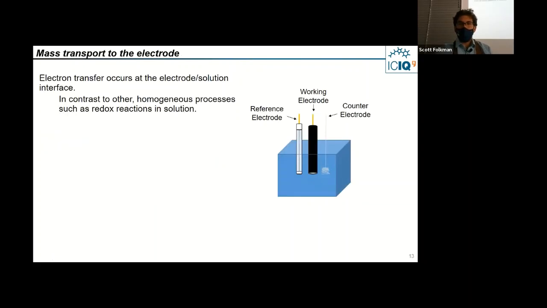So one big difference between electrochemistry and homogeneous electron transfer is that the species have to interact with the surface of the electrode in order to pass an electron. It's not like I have a metal salt dissolved in solution that can react with a different reactant dissolved in solution.